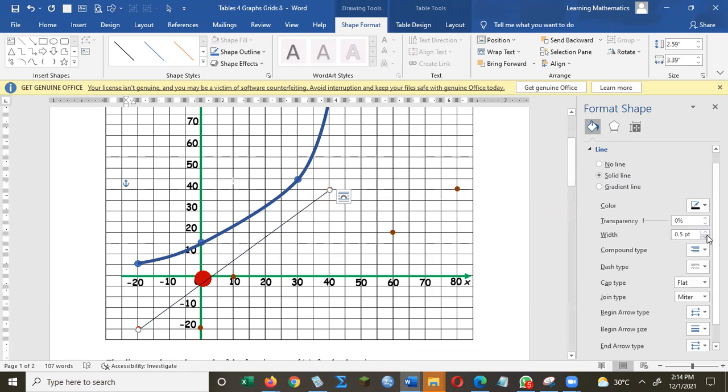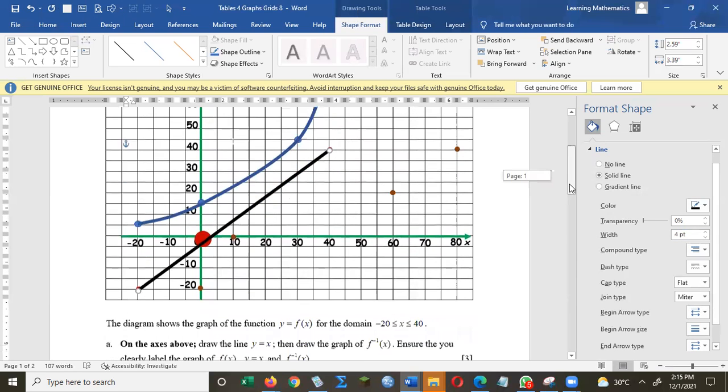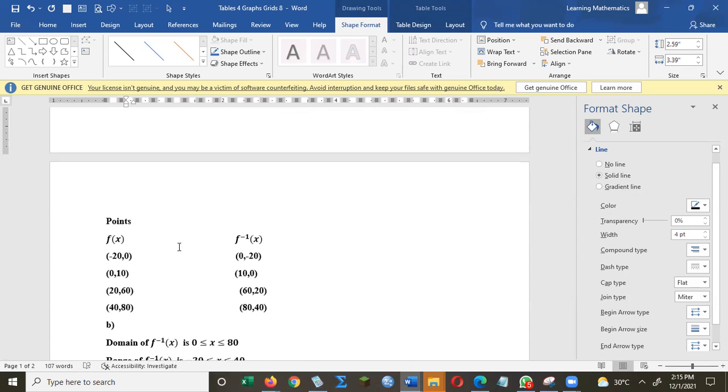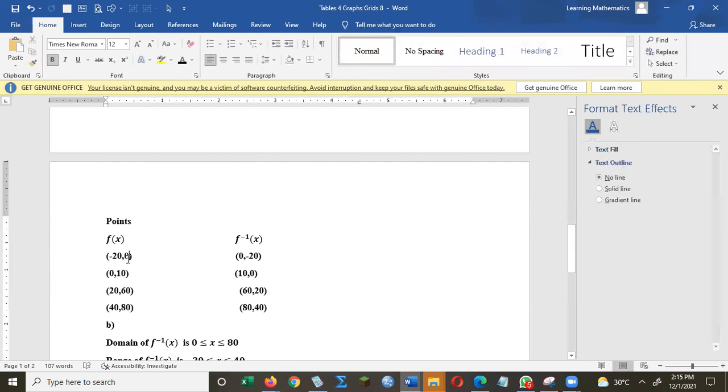Now you're going to identify key points on the function itself so you can draw the reflection. The first point is minus 20, so that's 10 minus 20, 5. 5 is halfway between 0 and 10. We did this for another one already, but we have a new one, minus 20, 5.